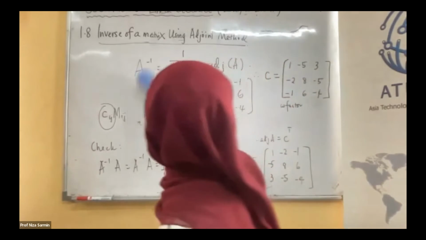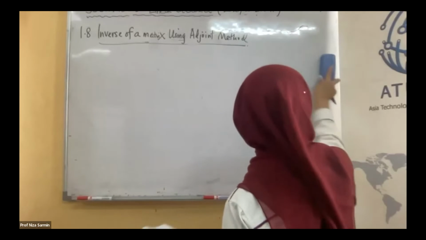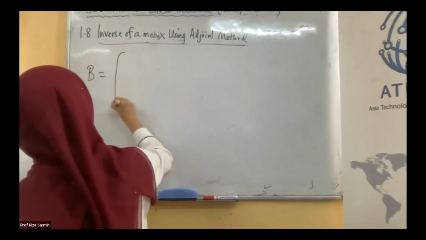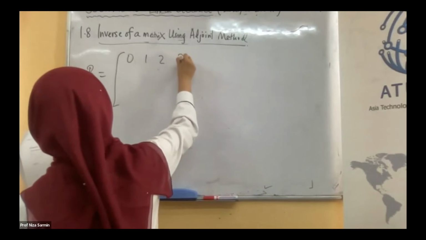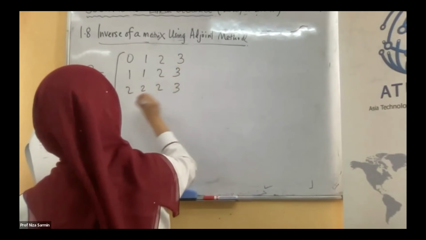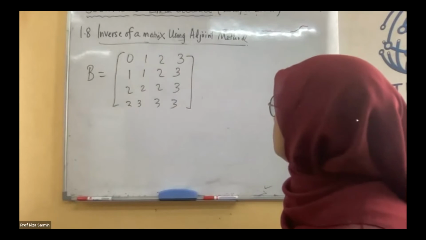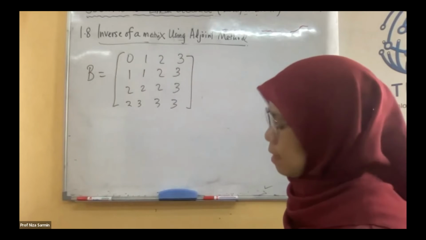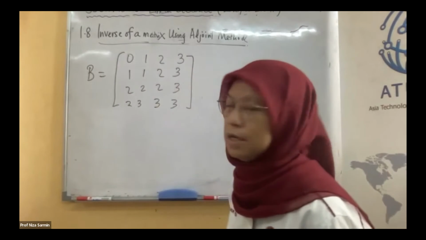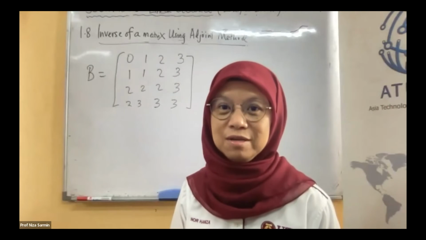Okay, let me show it here with this example. Call it B. If you want to find the determinant, there are not that many rows of zeros, right?